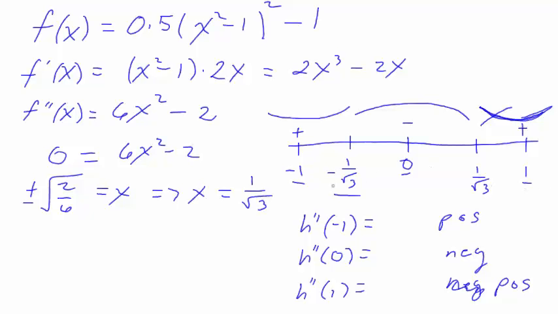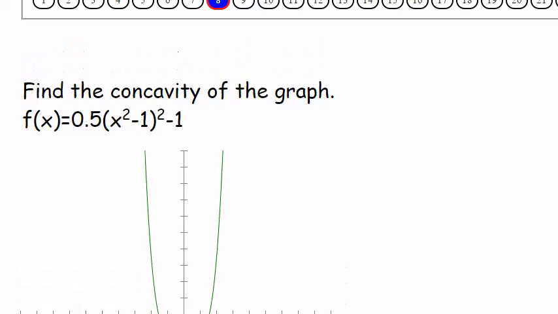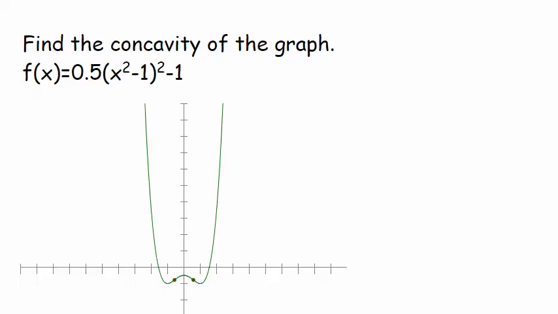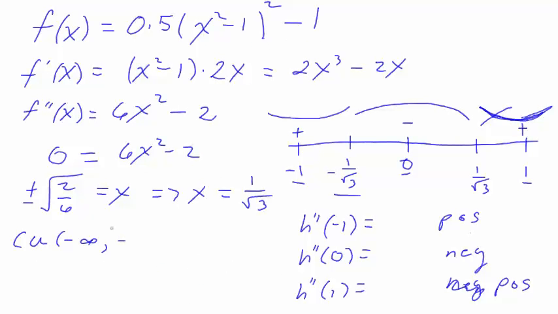Okay, so concave up is the first thing, from negative infinity to negative 1 over the square root of 3. Did it say to round? I can't remember. No, it didn't say. So they want the exact value. The proper way is square root of 3 over 3, but we'll leave it like that.